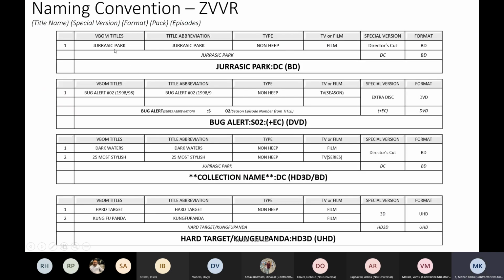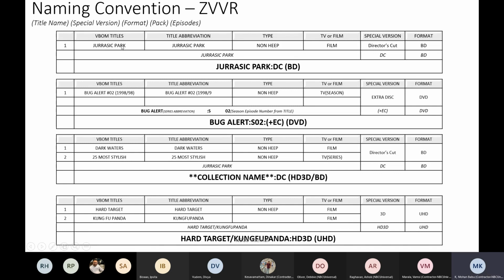If you have only one title which is related to film, we'll stamp the abbreviation of the title, which is Jurassic Park, and the abbreviation of the special version. If you choose director cut, the abbreviation is DC, so we'll be appending DC, and the format, if we choose BD, we'll stamp the abbreviation of that particular format.